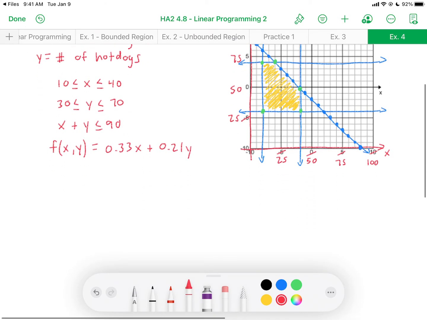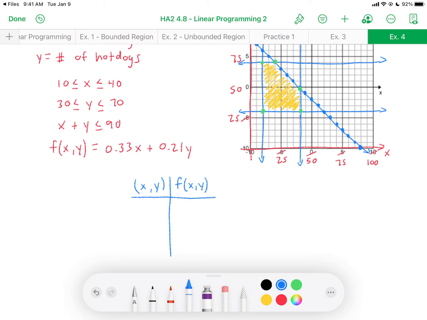And then let's do our table. Okay, so let's go the bottom left vertex there. That's, let's see, what are the coordinates of that? 10, 30? Let's just write them all out real quick. 10, 30. Then the one on the top left, that would be 10, 70.